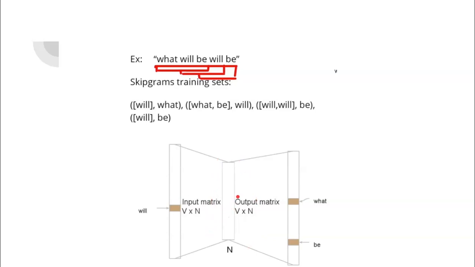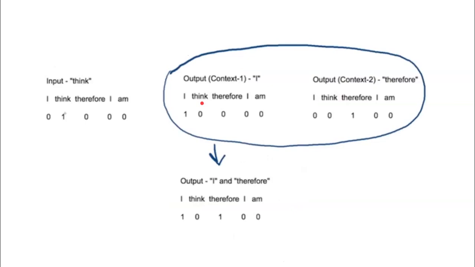So I will take another example in order to better explain this whole concept of the shallow neural network and converting the alphabets or the words into one hot encoded vectors. I am taking the example sentence, "I think, therefore I am."